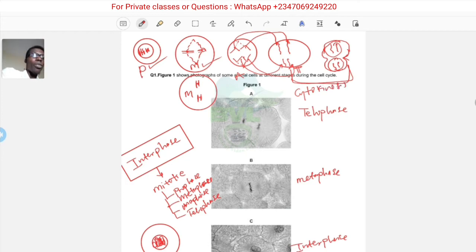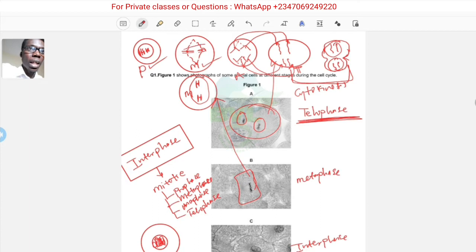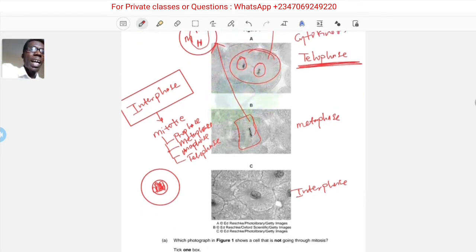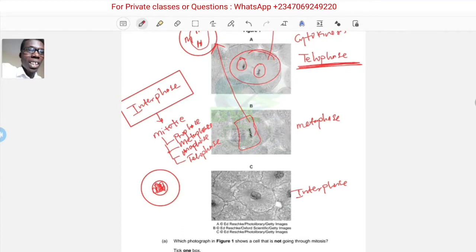Now, you agree with me that this structure here looks like this because the chromosomes have arrived at different poles. Then this one at the middle looks like this. It's at the middle. All right, that's what I'm trying to tell you. Then, of course, this one looks like this.